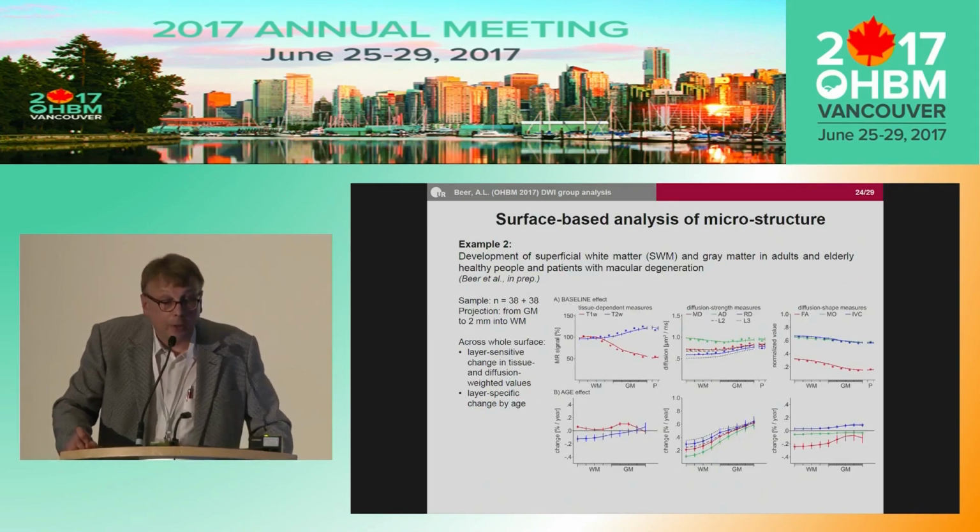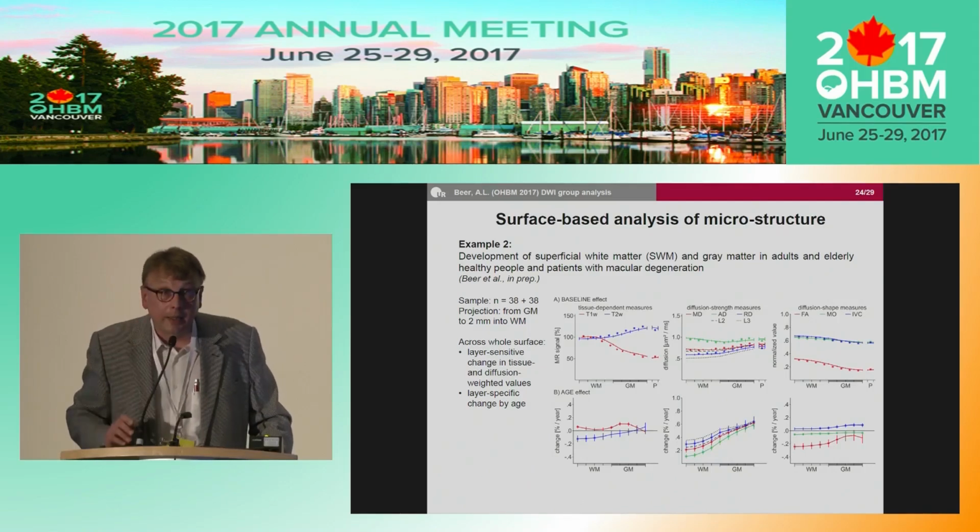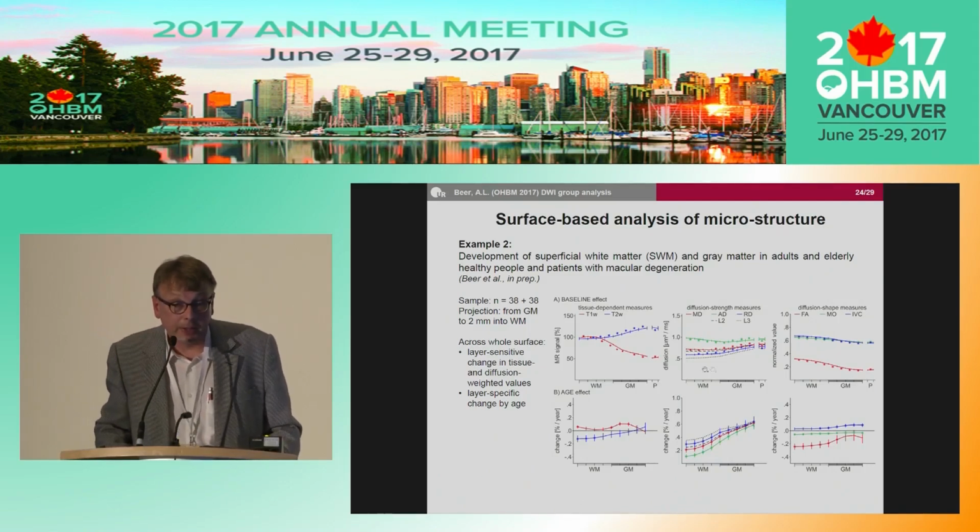We also did that with a different group of people. This time we have older people ranging from 20 to 80. We looked at the laminar profile of the diffusion properties, mean diffusion and fractional anisotropy, across different levels of white matter and gray matter.